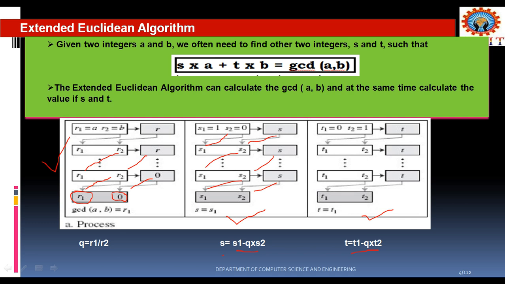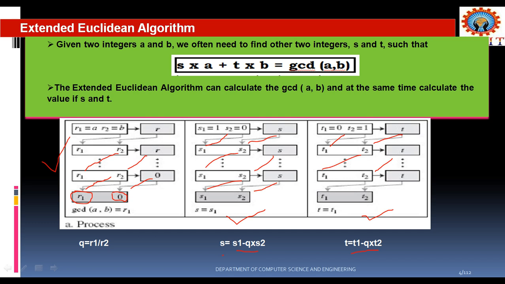Then, in a similar way, t2 becomes the new t1, and t becomes t2. Like this, you can shift the values in tabular format. So this is the extended Euclidean algorithm process.